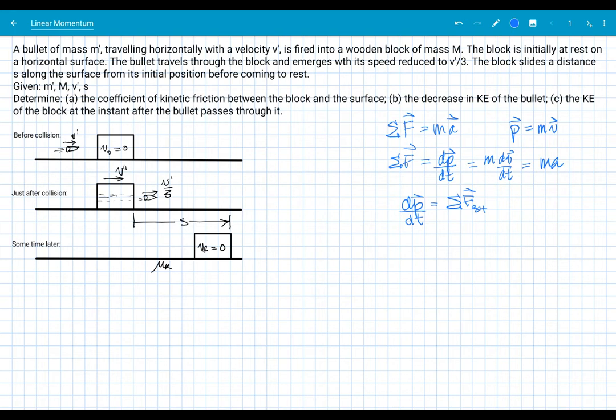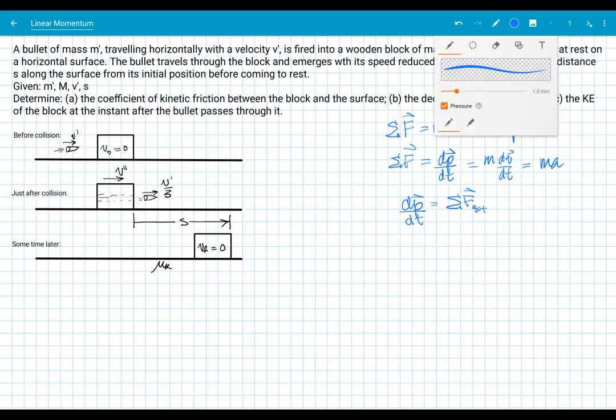We have acceleration all the time. But when we're talking about conservation of momentum, we say, if we can define our system such that external forces sum to zero, then I can say the change in momentum will be equal to zero.